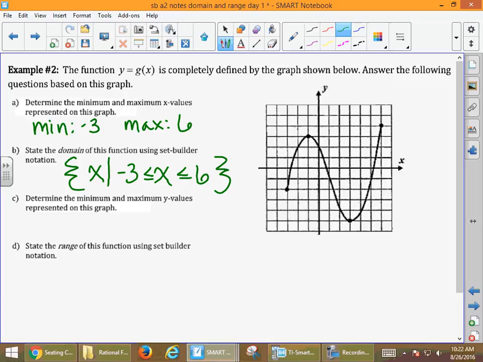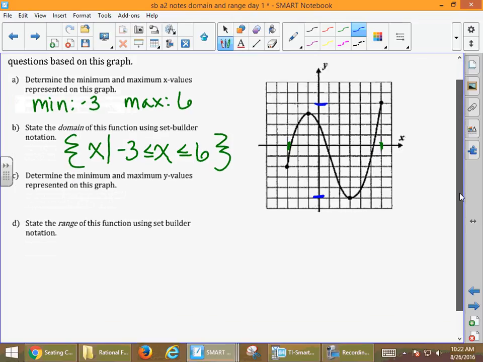We can do the same thing for the y's. So the x's went from here to here. Our y's are going to go from the lowest y value to the highest y value when we're looking at maximums and minimums.